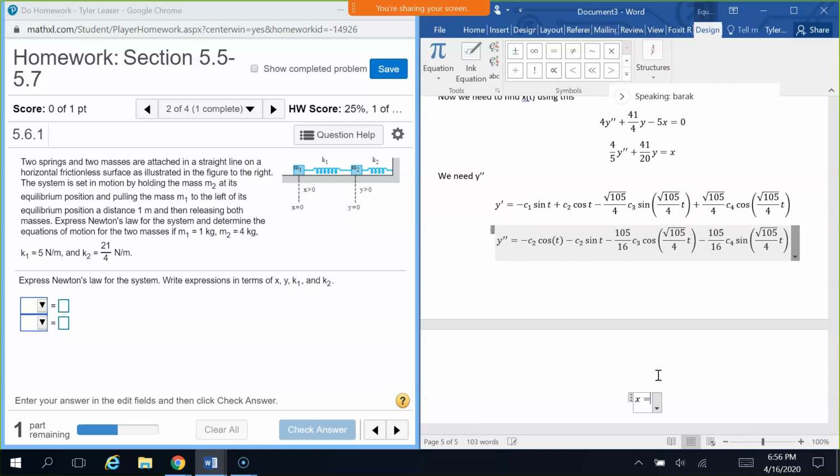So x is equal to 4/5 times the second derivative here.